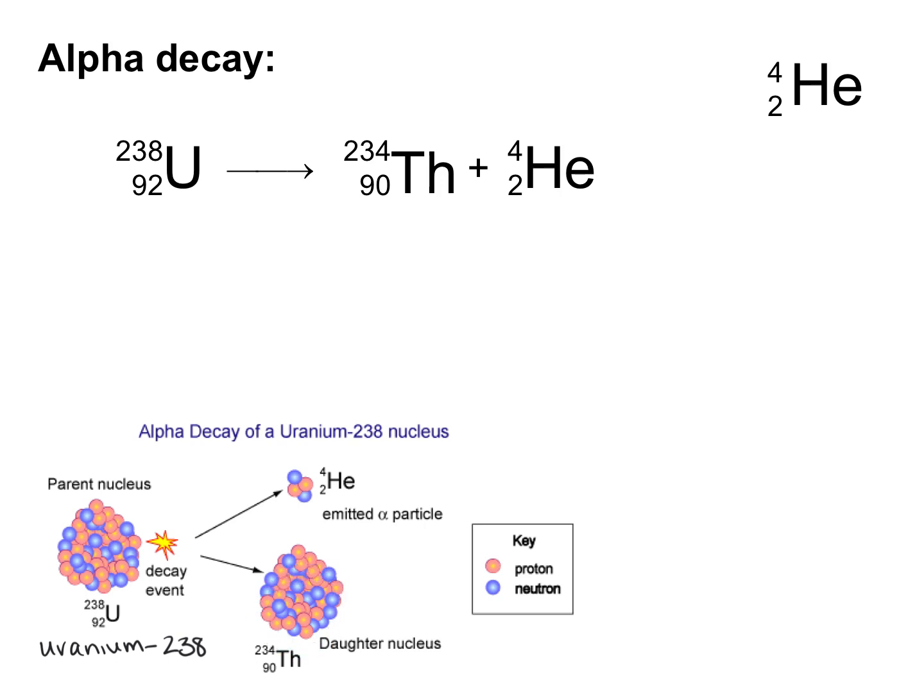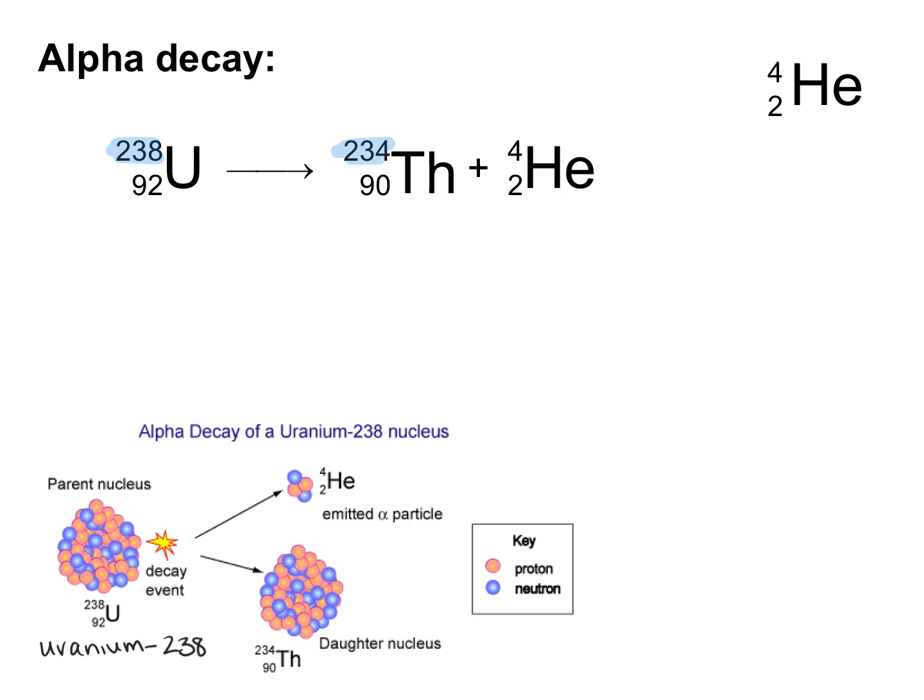It's no longer uranium because we've lost 2 protons. And so now if you look at your periodic table, you go from the element 92 to the element 90, and we've got thorium here. So when we look at this, these reactions are still balanced. For example, if we look at the top numbers, this is 238 here.